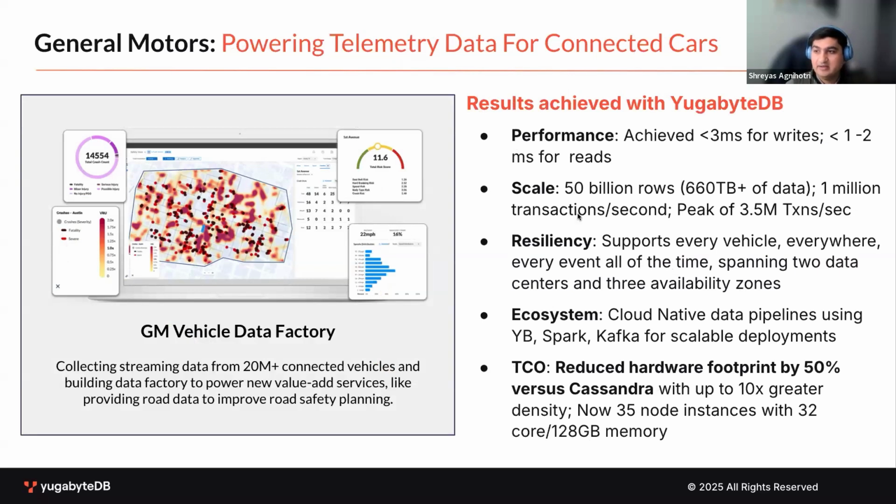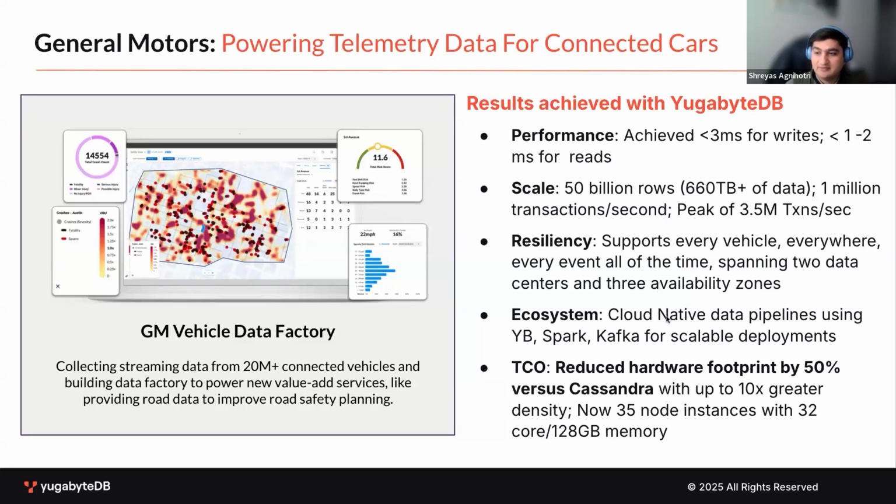And every GM vehicle running everywhere sends all the events back to YugabyteDB. It's spanning multiple data centers and 3 availability zones. And the performance speaks for itself. So, GM is able to achieve sub 3 millisecond latency for its writes, and even lesser latency for the reads. This is a resilient system, which means it's tolerant to failures.